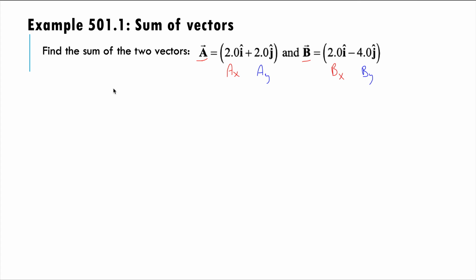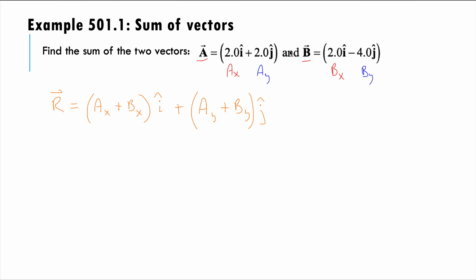So to add the two vectors together and get that resultant vector, we're going to do ax plus bx, followed by i hat, and then ay plus by followed by j hat.